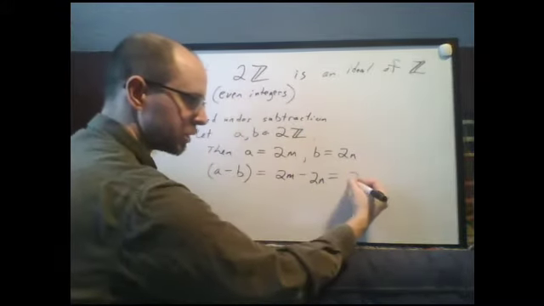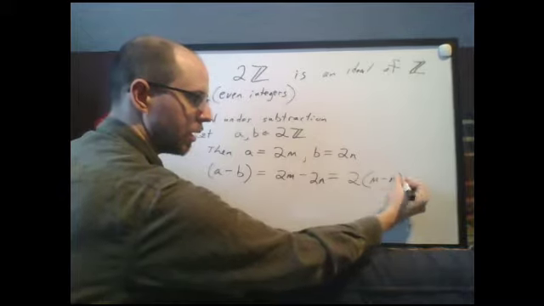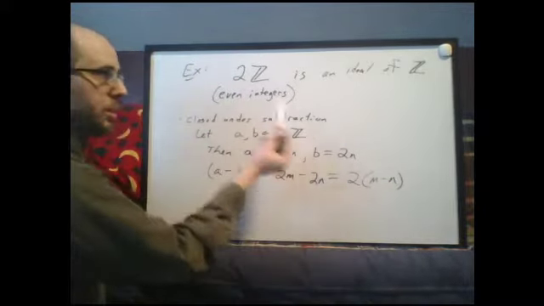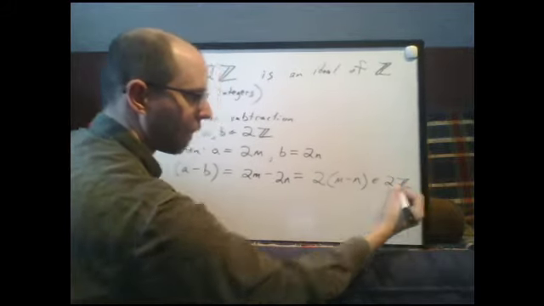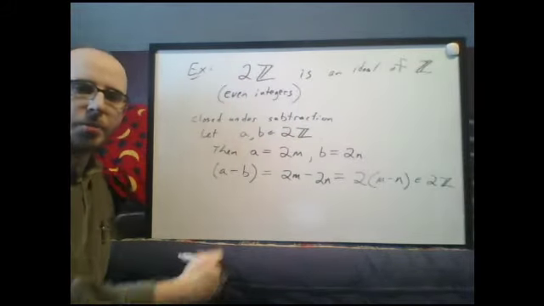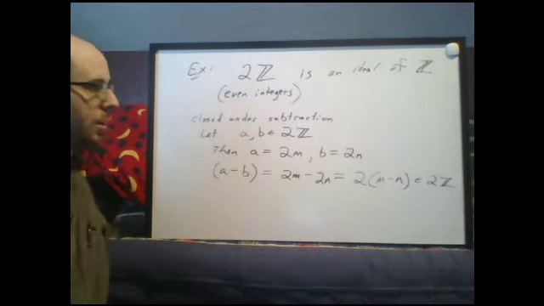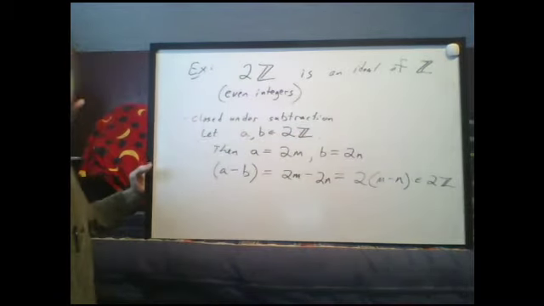That's the same thing as 2 times (m minus n). So that's an element of 2Z. An even number minus an even number is an even number. So that's closed under subtraction.